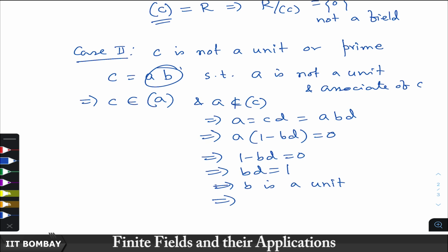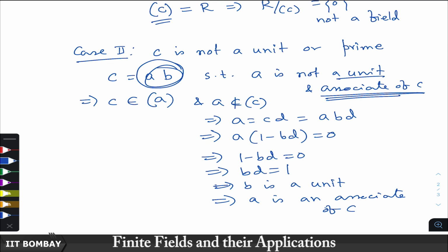And that means here A is an associate of C, which we said it is not, right? A is not a unit and it is not an associate of C.